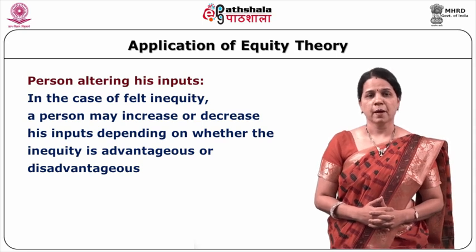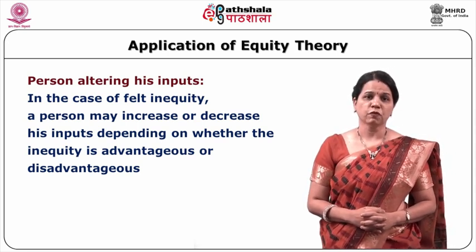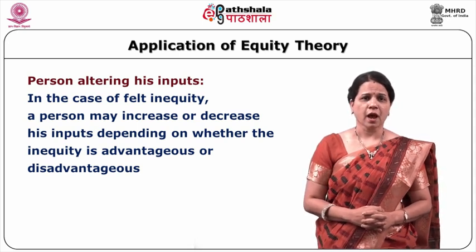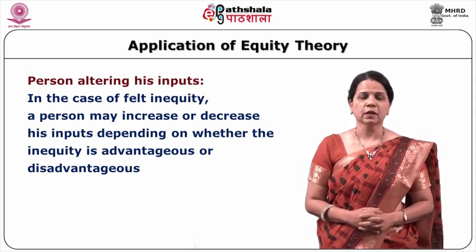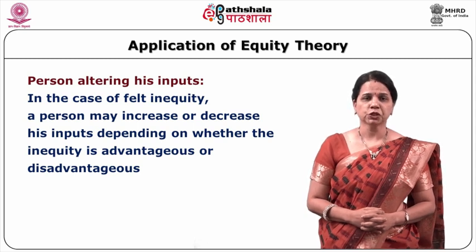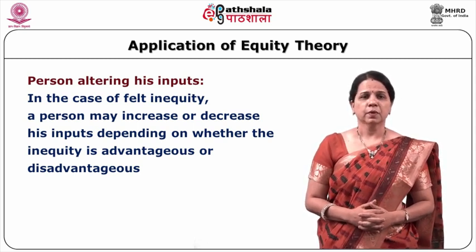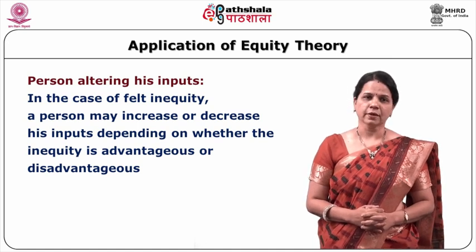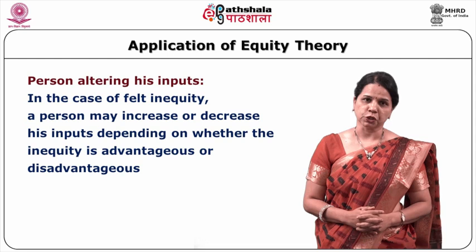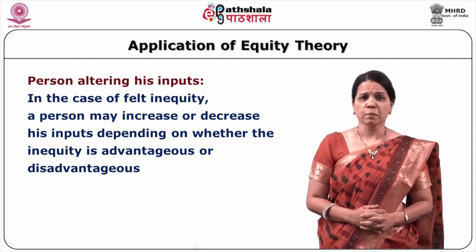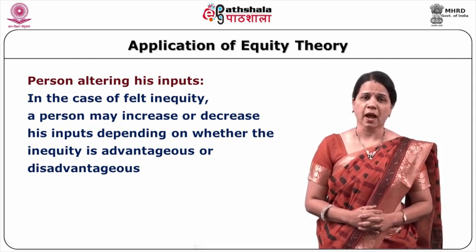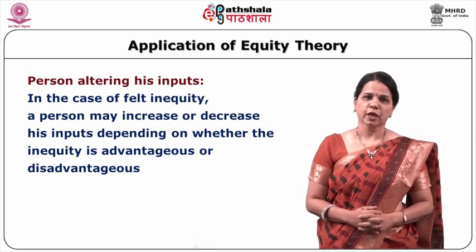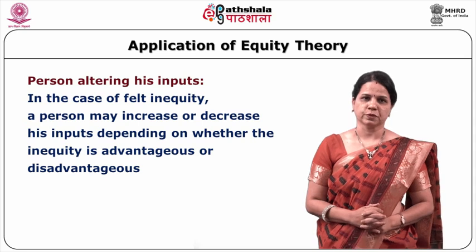Similarly, if my outputs in the form of pension and other retirement benefits are more than the other person's output, which maybe the other person is not even entitled to, I will try and increase my educational qualifications or maybe even upgrade my ICT skills so that I restore the balance of inputs and outputs.